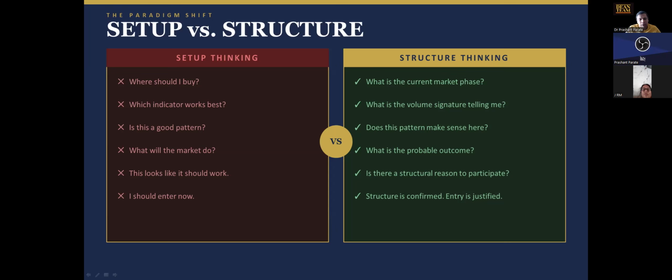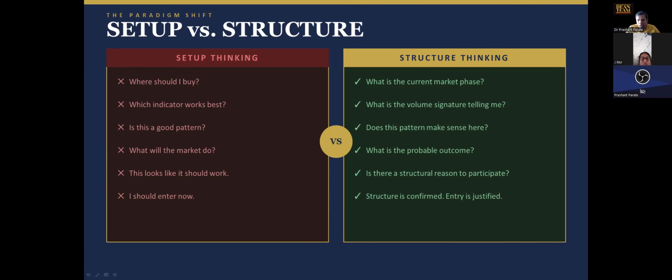Then people think, what will the market do? But a structured thinking person will think, what is the probable outcome from this trade? Will I get a 50% probability? Will I get a 60% probability trade? Will I have a 70% probability trade? Or is this a 30% probability trade? I'm buying it.